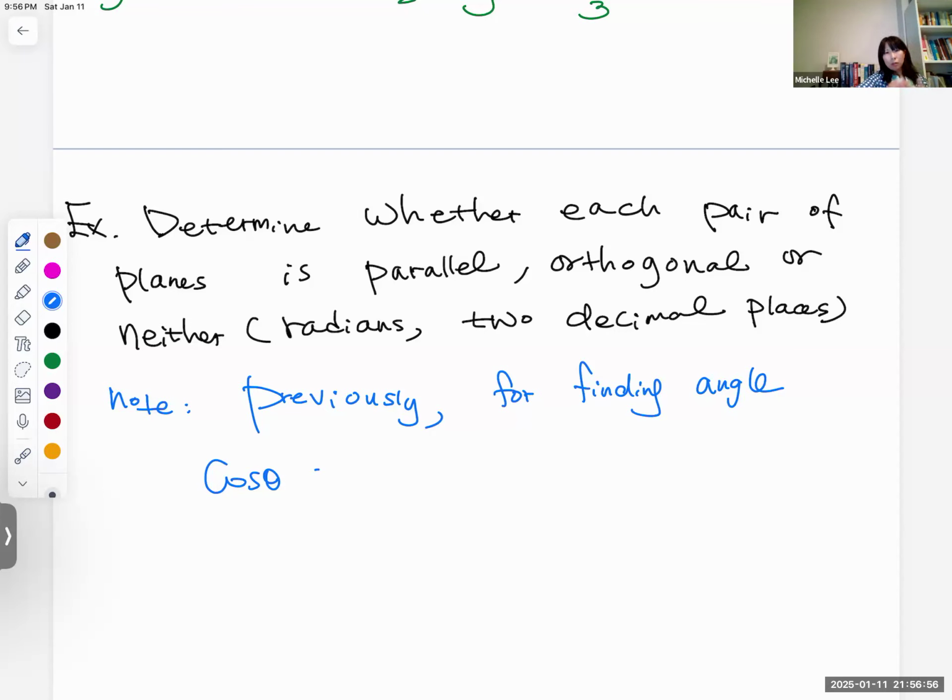Now in this section, I want to add one more. If two vectors are orthogonal vectors, then we have just the absolute value of the numerator, and the same denominator as this formula.